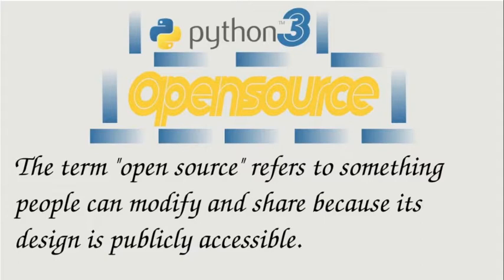Open source, or I can say it like this: open plus source. Open means free to everyone. Source here means the code. So when we combine both, we get a definition like this: a written code which is free to everyone, and anyone can make any changes in that code to develop new code as per his requirements.